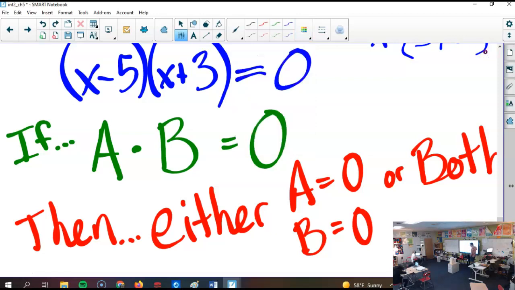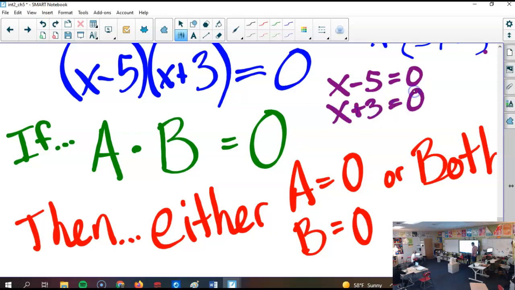So then, guys, look up here real quick. When x minus 5 is set equal to 0, what x value makes it equal to 0? When x plus 3 is set equal to 0, it's -3.